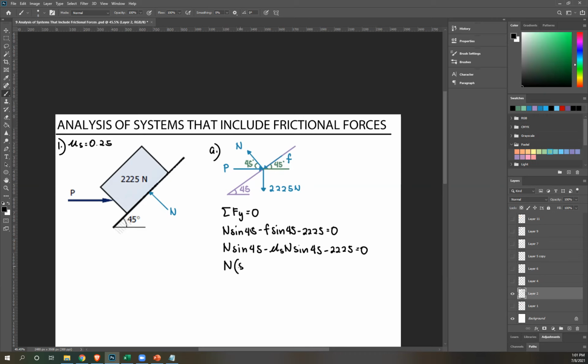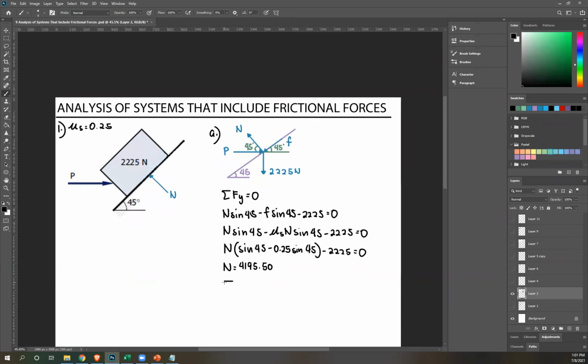So n times sine 45 minus mu s, which is 0.25, sine 45, minus 2225 equals 0. Then from this, you can solve for n. If you solve for n, you should get 4195.50. Okay, now you're done with that.